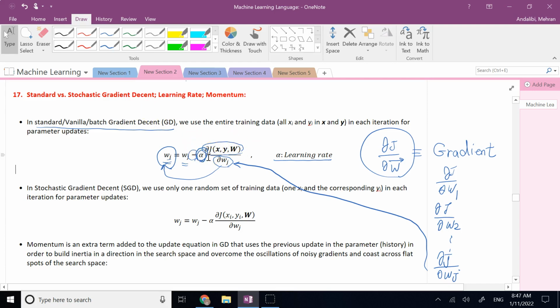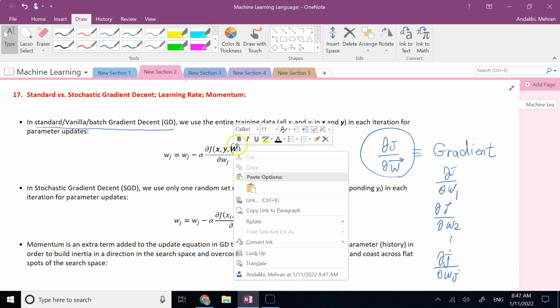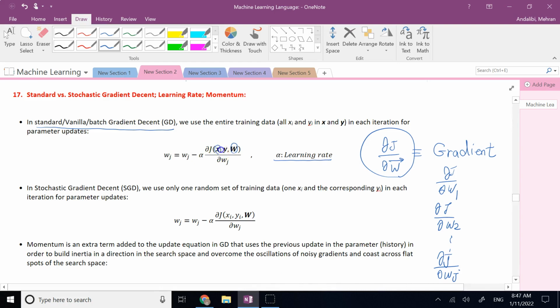Now, when you use this update formula, what kind of data would you pass to this gradient? Look here. If you look at the gradient, when I want to evaluate the gradients, not only does it have the current weights in it, or the previous weights, it has also all of the inputs and the outputs.